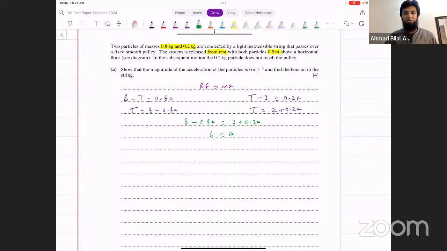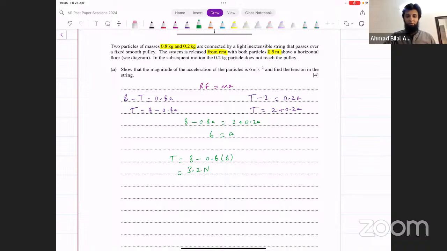That turns out to be 6 meters per second squared. Now put this back in any one of those equations to find the corresponding value for tension. T equals 8 minus 0.8 times 6, which is 16 over 5 or 3.2 Newton. We've got the acceleration and the tension. That's what we were looking for in the first part.